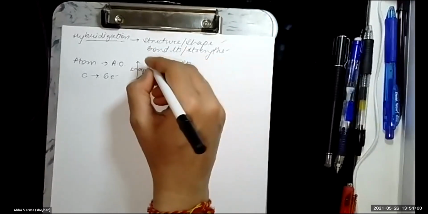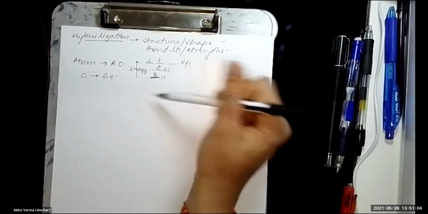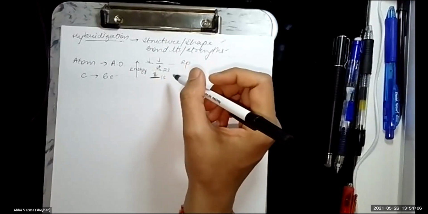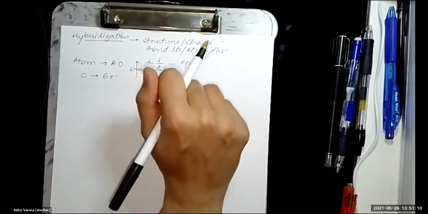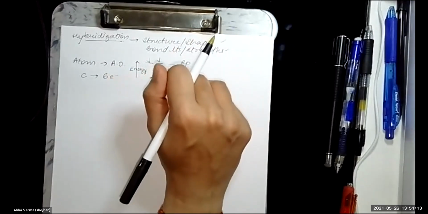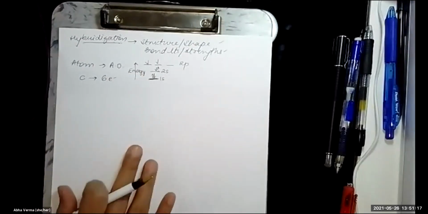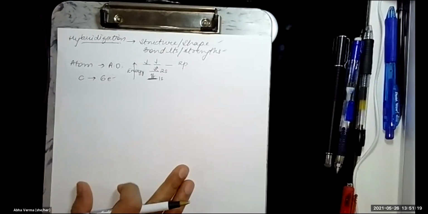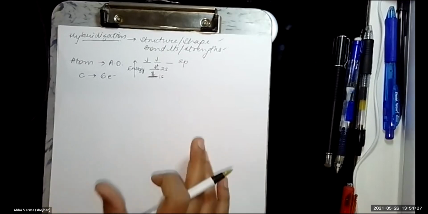And so how many are left? 2 more are left. So in an atom, electrons fill the atomic orbitals of the atom. But we will be dealing with molecules. What are molecules? Molecules are atoms or different groups of atoms that combine together and make a new molecule.